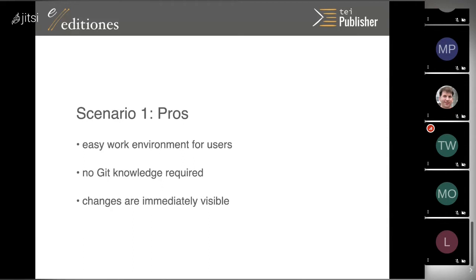All they need is Oxygen, and they need to know how to use this open URL dialog. Absolutely no Git knowledge is required to use this approach, and the changes, as we have seen, are immediately visible. Whenever I edit, the change gets immediately synchronized with the app running on the database.